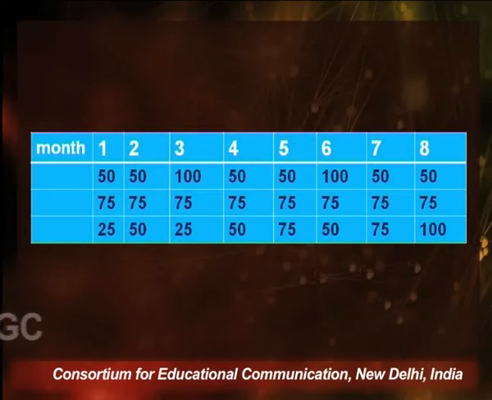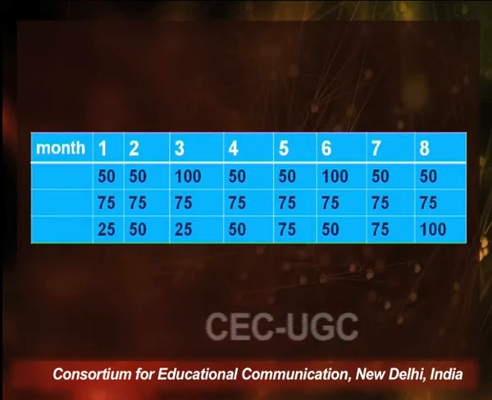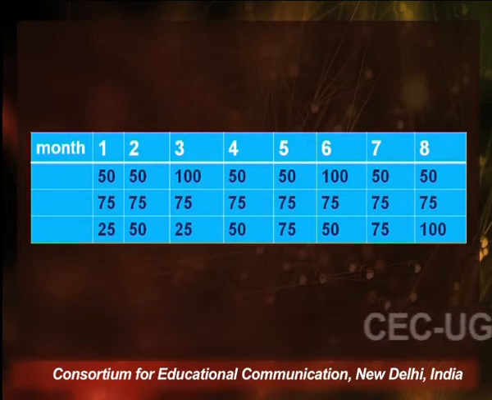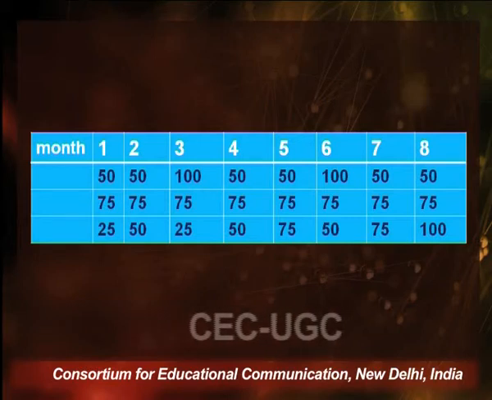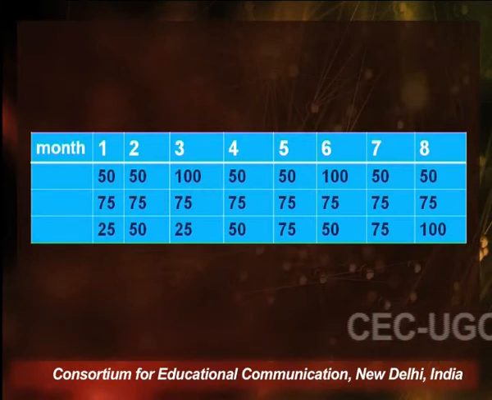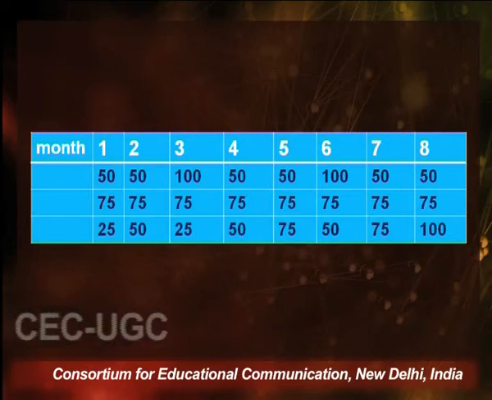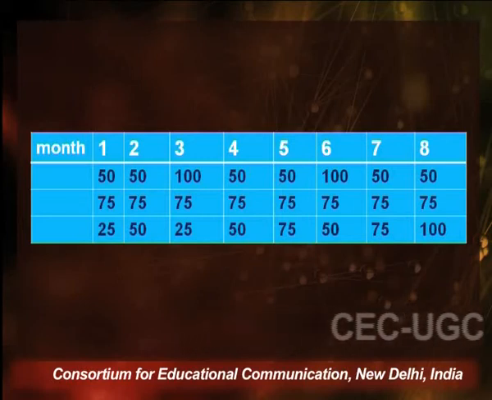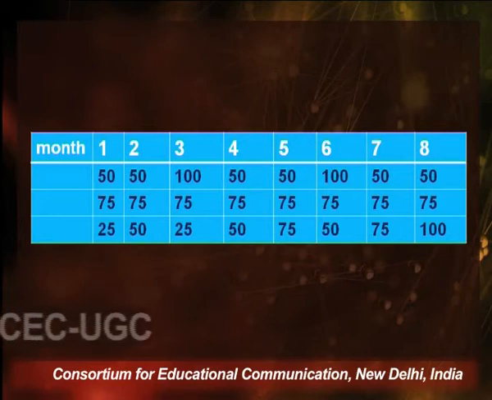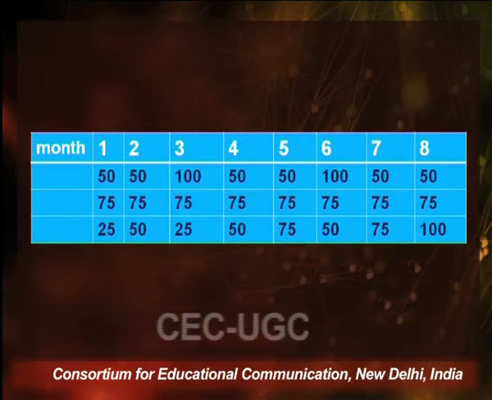Then in the fourth month we are overcharging, and in the fifth month we are also overcharging, and thus we have accumulated a credit of $75 till the fifth month. Now in the month of June again we need to pay 100 and the amortized cost is 75. So we are in a comfortable position.